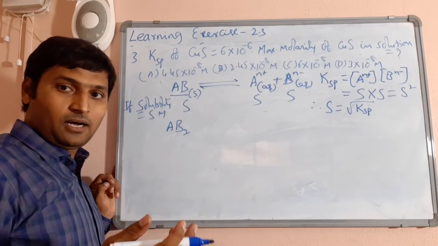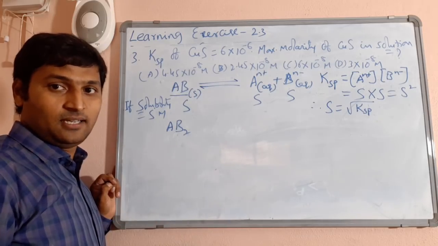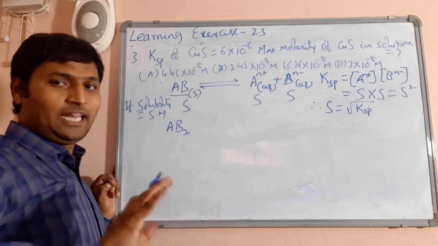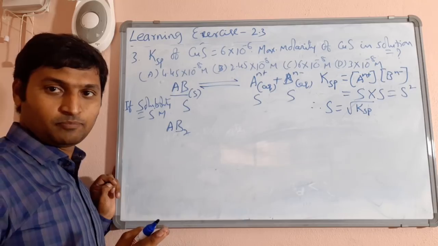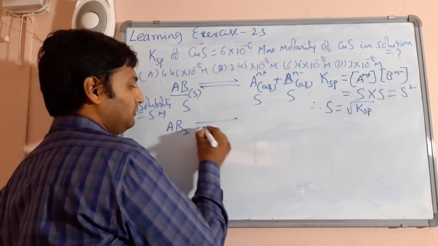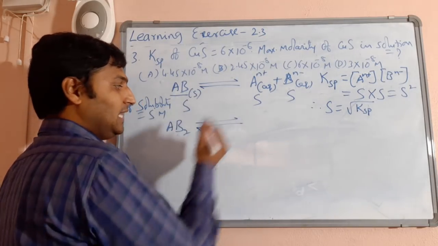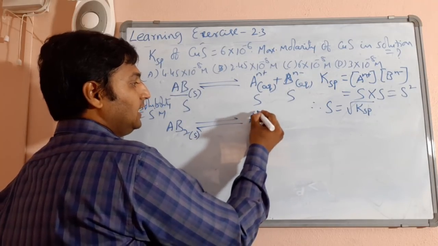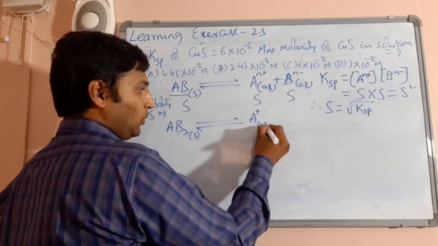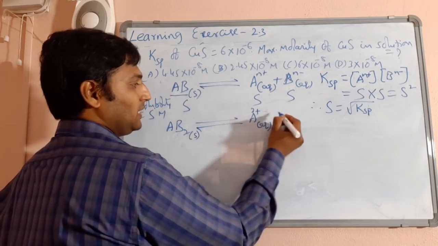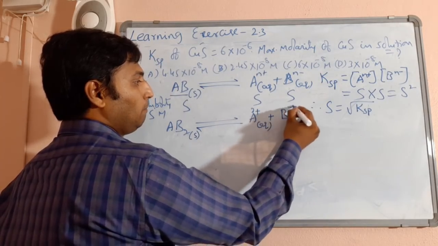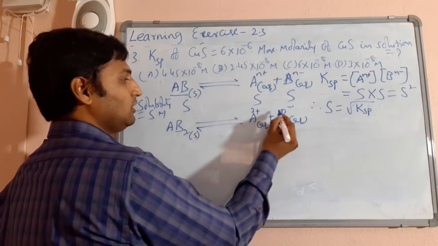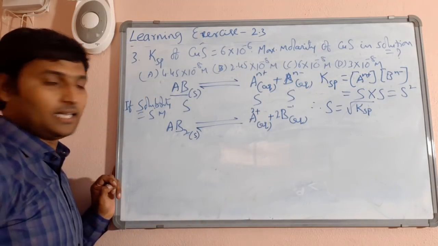Say there is an AB2 type salt, say ferrous hydroxide, which is also a precipitate, or any other salt, say Ag2S, silver sulfide, which is A2B or AB2, whatever the type. If this is the kind of salt, then solid AB2 dissociates as A^2+ aqueous plus 2 moles of B^- aqueous, right?